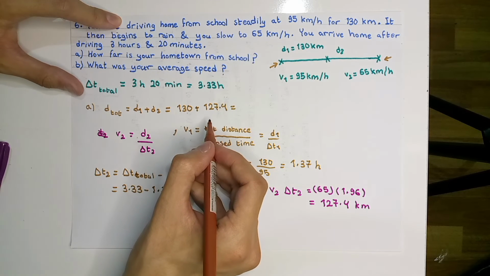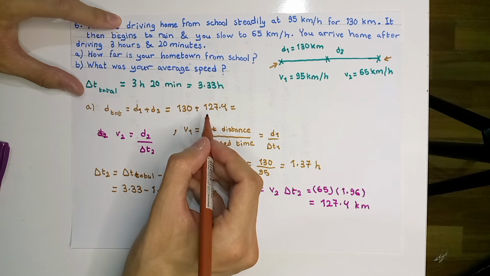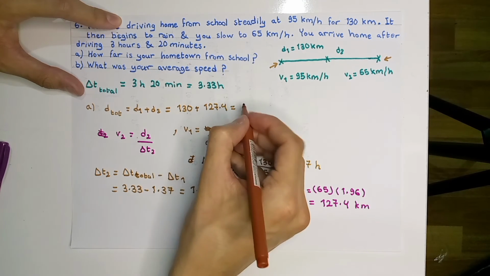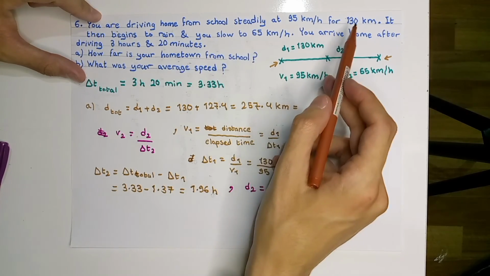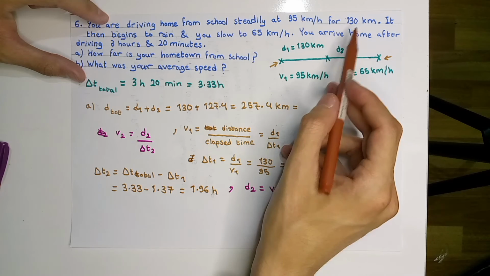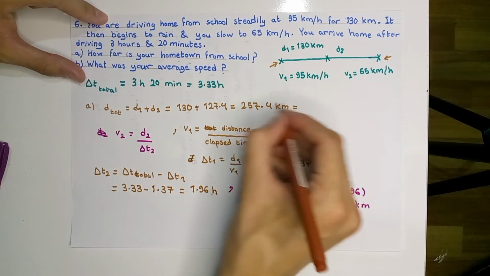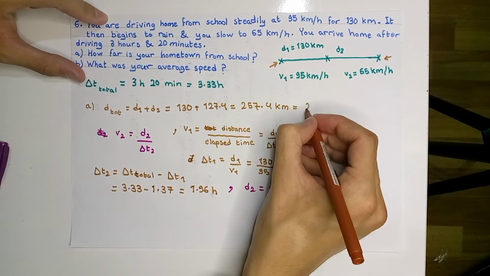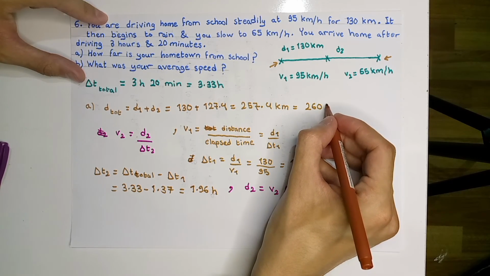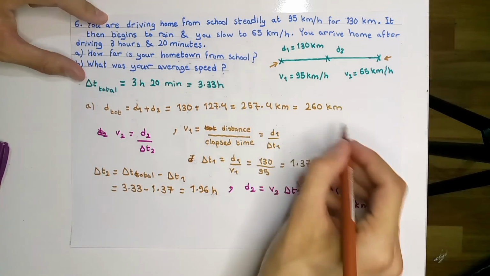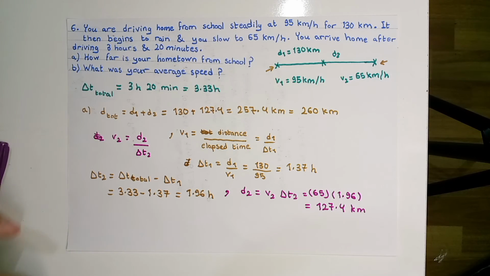The answer of the addition is equal to 275.4 kilometers. But because we are restricted by the number of significant digits used, we are going to write this answer using this approximation, 280 kilometers, using two significant digits only.